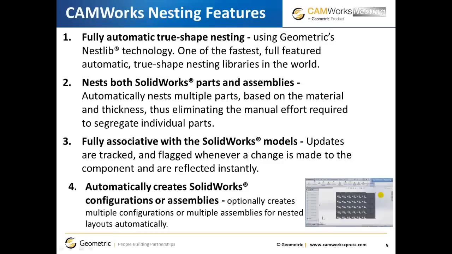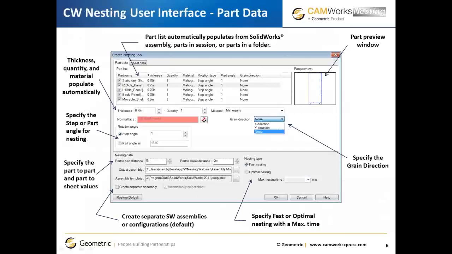CAMWorks Nesting automatically creates SolidWorks assemblies of the nested layouts that are fully associative with the part models, and if multiple layouts are required, you can automatically create either multiple configurations in one assembly file or separate assembly files for each layout.